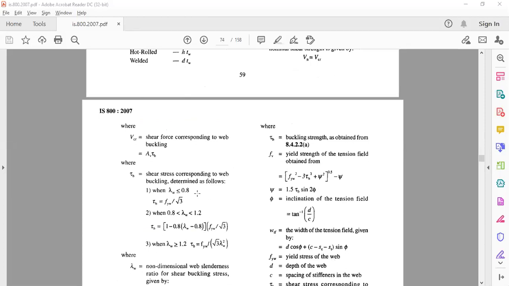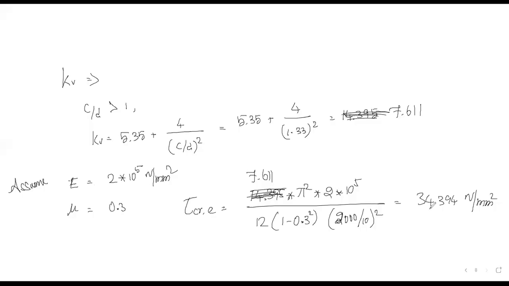So the lambda W value I have to get first. Lambda W is equal to root under fyw divided by root 3 into tau CRE.